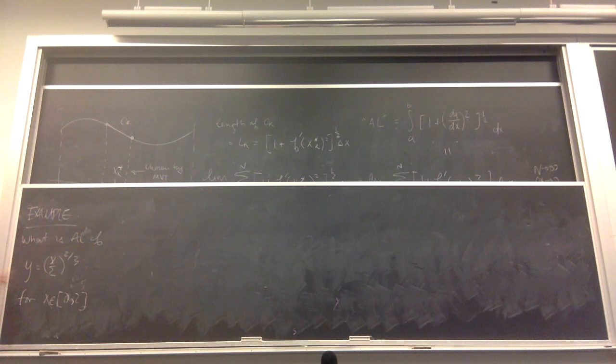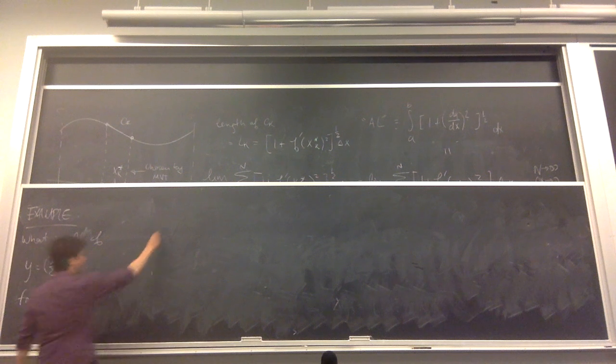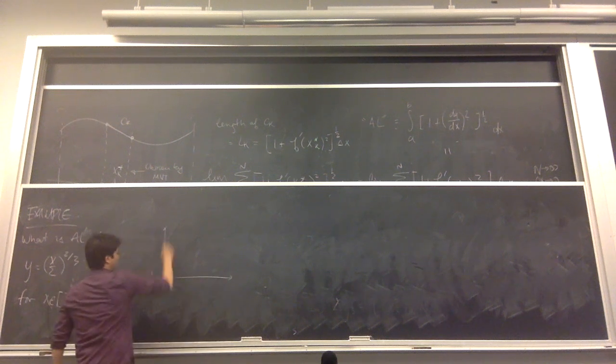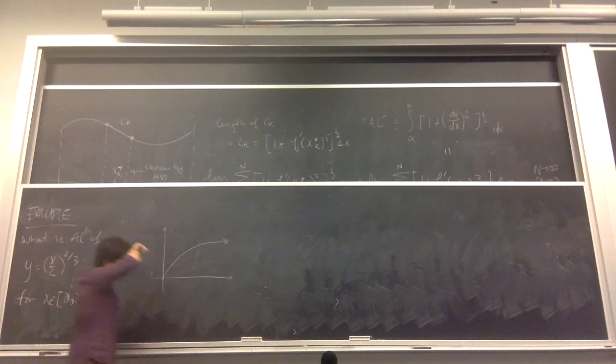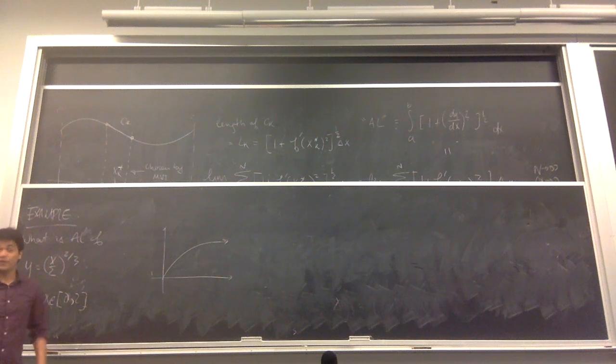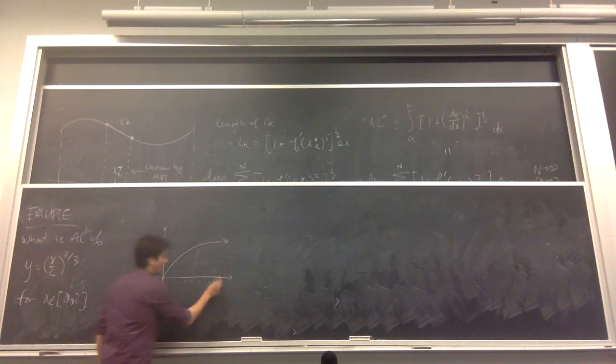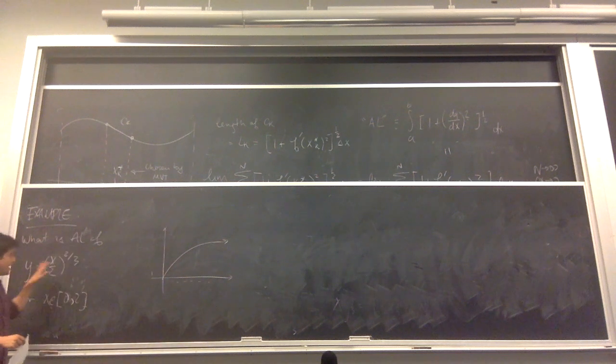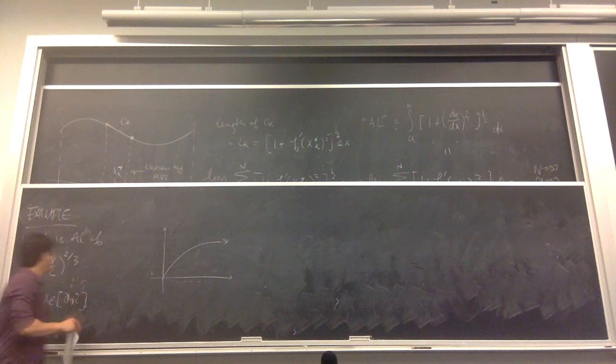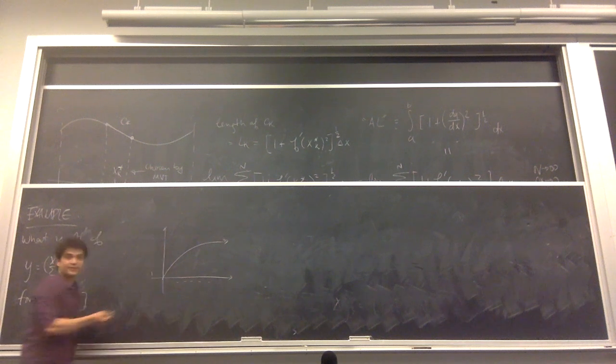But one of the things you're going to discover here is that this is not integrable at 0 along x. You have a shape that looks like that, and if you tried to use the arc length formula to find the arc length of this, you would fail if you were walking along x. You can take the derivative of this and see that it has no derivative at 0. However, this does have a derivative along this axis.